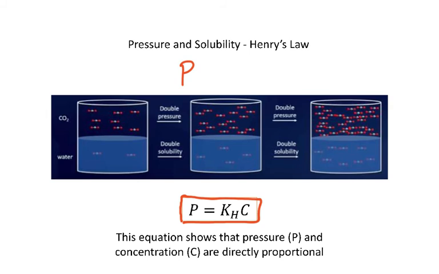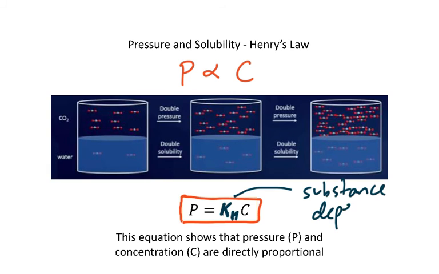So pressure is proportional to concentration, and we have now equal when we throw in there Henry's constant. Henry's constant is what that's called. And Henry's constant is substance dependent. What I mean by substance dependent is each gas has a different Henry's constant.